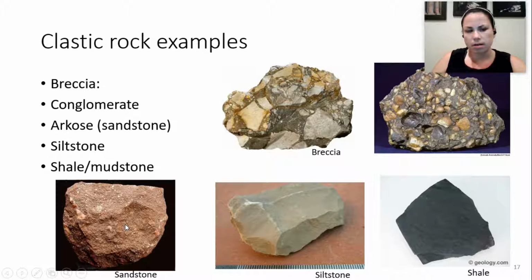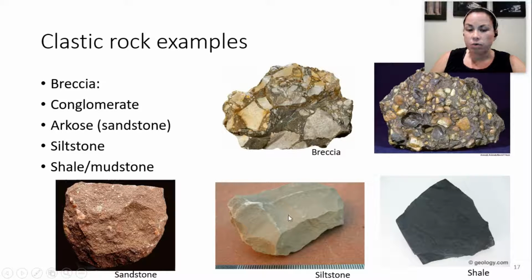So this is fairly well sorted, I would say. There are a few other outstanding grains here that are distinctly larger than the surrounding mass. And in here, we can't necessarily distinguish the grain from the cement like we can in a conglomerate.